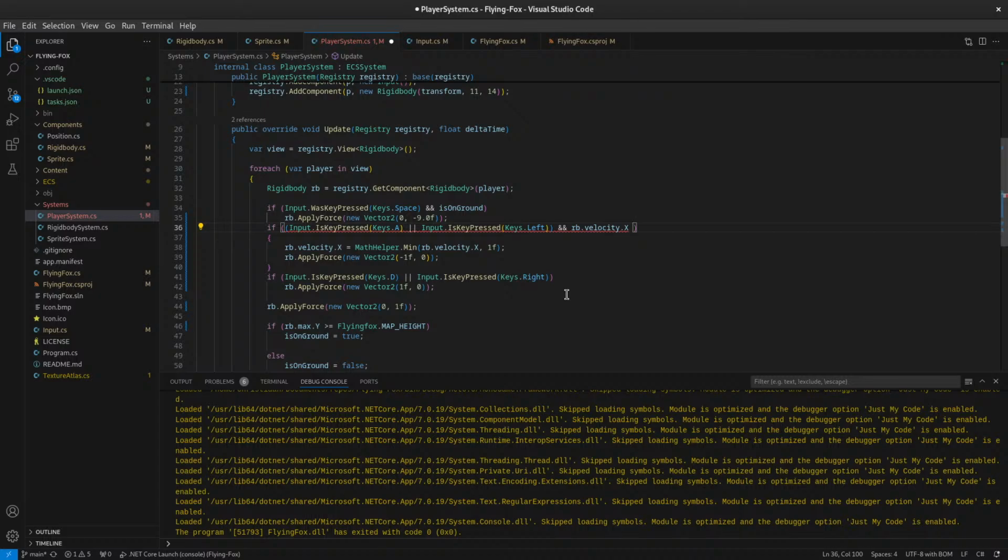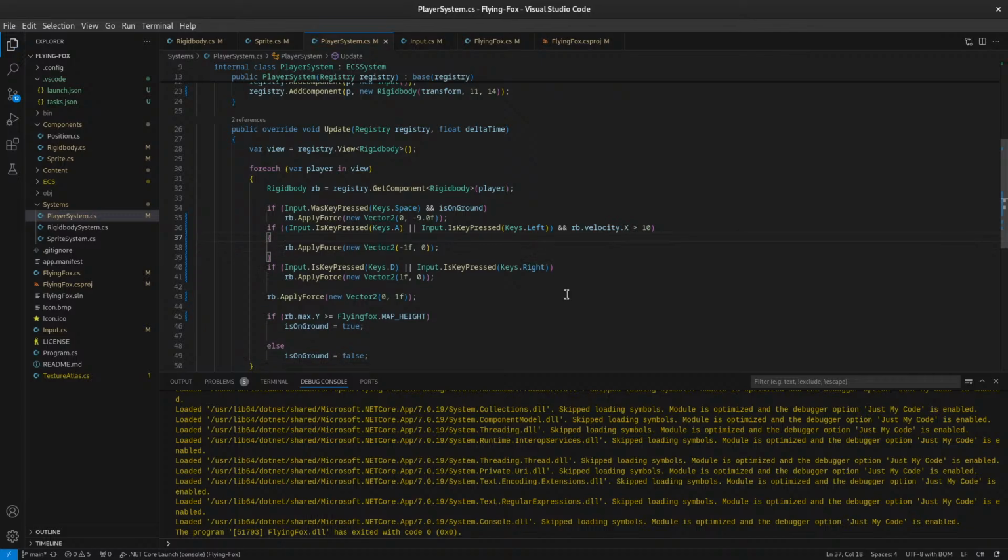It's always going to be negative. So it should be greater than 10. Otherwise, nothing should happen. Okay, let's try this.